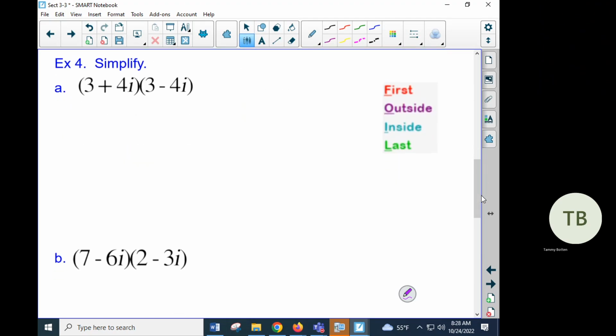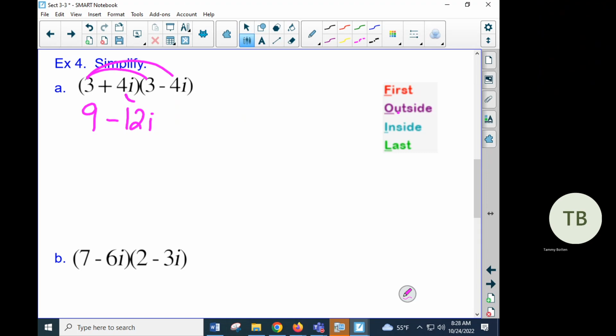So we are going to FOIL this. Okay, so what we're going to do is we're going to do our first, which is 3 times 3, which is 9. Okay, O is outside, which would be 3 times a -4i, which would be -12i.